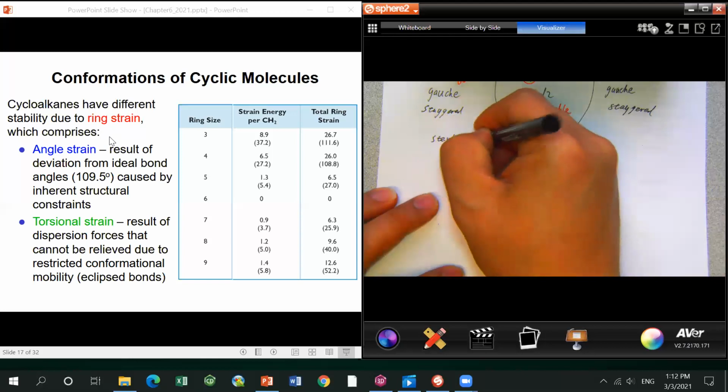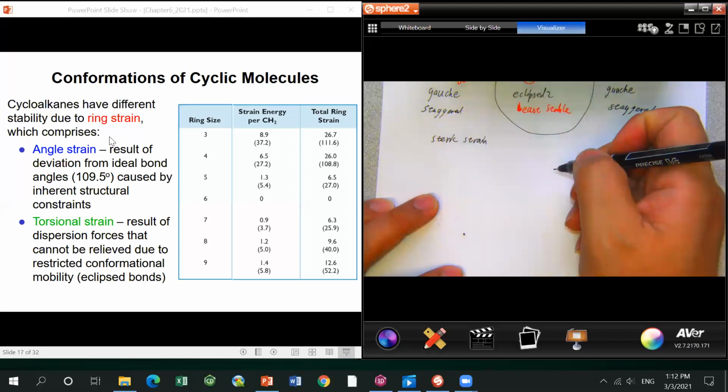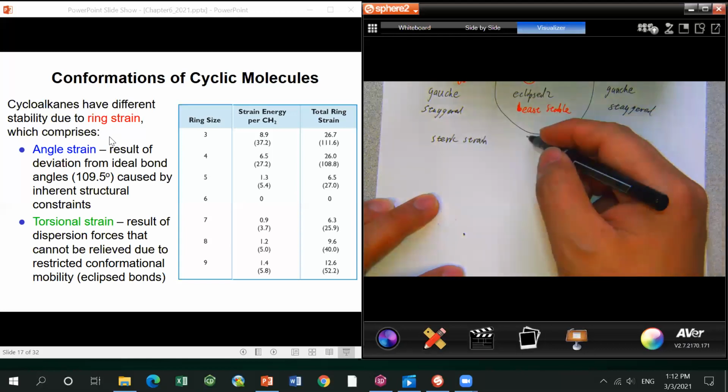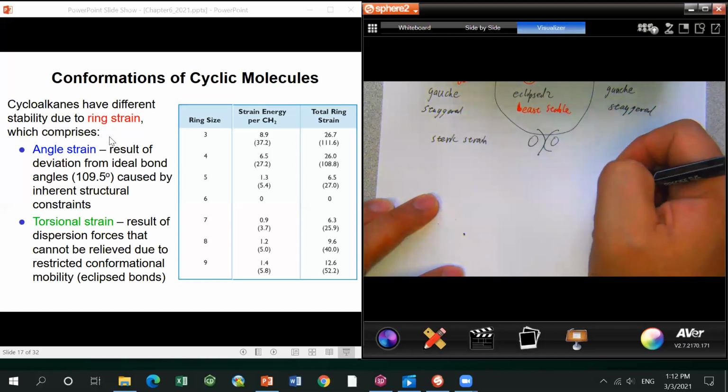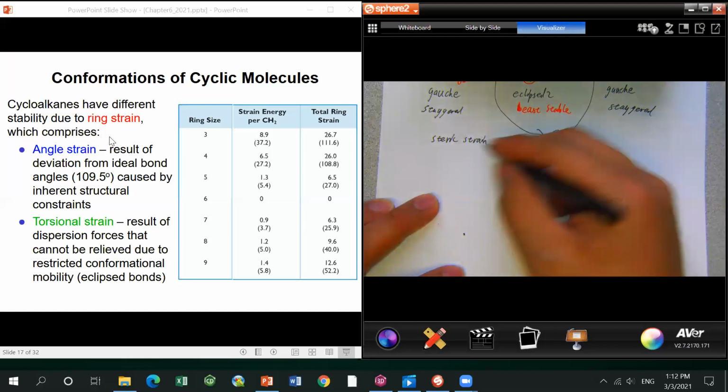The first strain we learned is steric strain. Steric strain is when two big groups are too close to each other, and you generate strain.